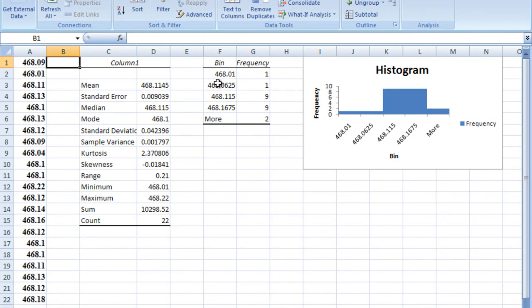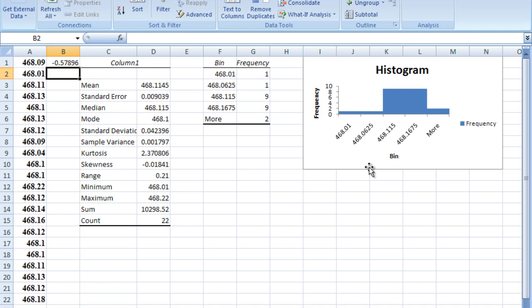So I'm not going to do each one of these, but remember the typical z-score when you're dealing with a sample just says take the measurement that you have, like 468.09, and subtract the mean value from it and divide that by the standard deviation. So in the case of this first measurement here, you come up with a z-score of negative 0.57.